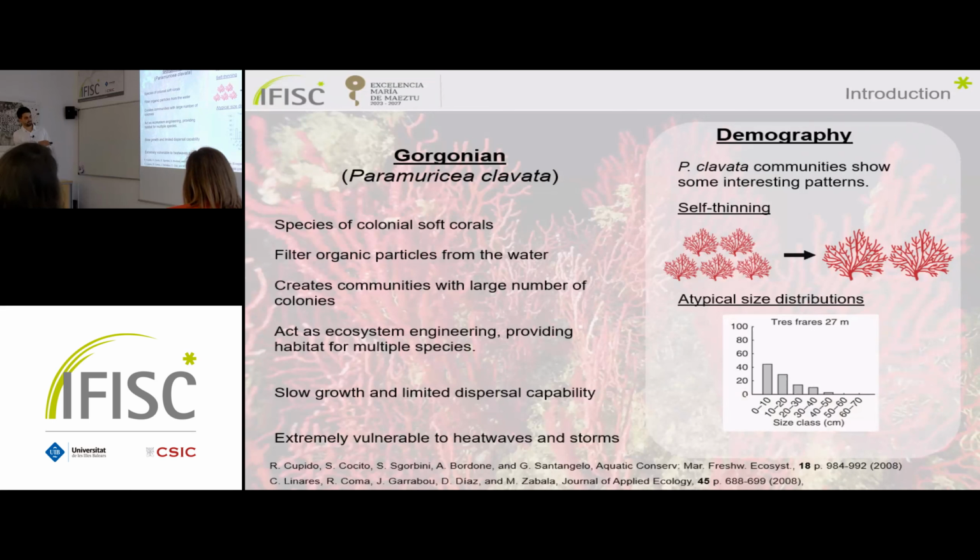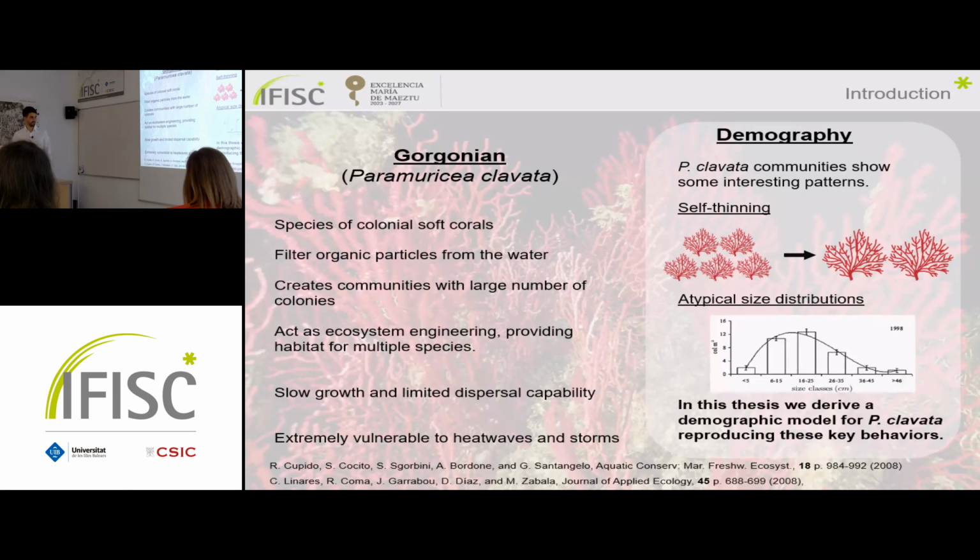This is a different species of coral. This is wild coral, where the most dominant class is a small one. No? In this case, well, the ones that are dying or growing are substituted by the smallest one. So in this thesis, we also derive a demographic model for Paramuricea clavata to reproduce these two behaviors.